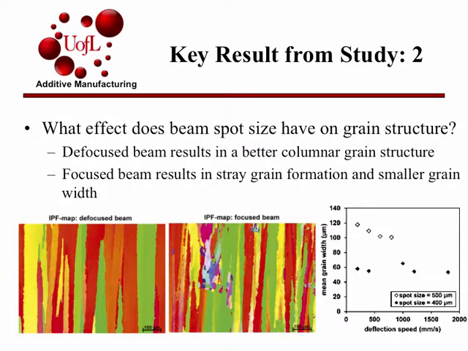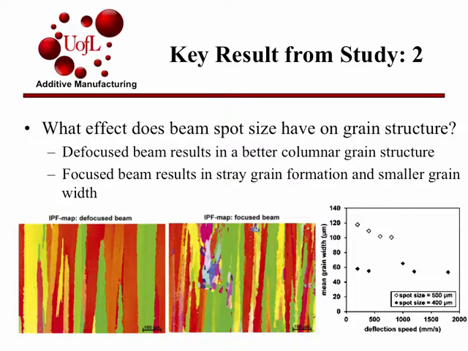A key result from study 2 is, what effect does the beam spot size have on the grain structure? The defocused beam resulted in a better columnar grain structure, which was preferable for high temperature applications. So that's on the left, the defocused.